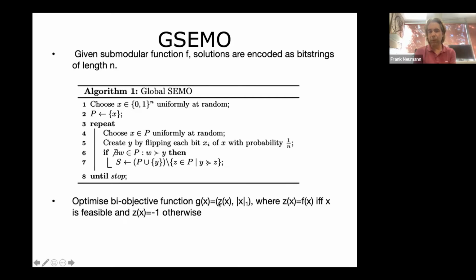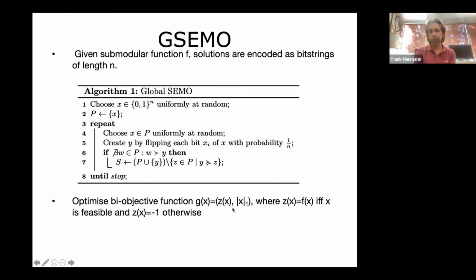Now, I would like to maximize an objective that equals just the function value of my submodular function if the solution is feasible, and otherwise it's getting a negative value. Here we assume that the submodular function assigns non-negative values. And the number of ones is just essentially going into the constraint. So I can select at most k ones, let's say, and then you're getting all the trade-offs between 0 and up to k.